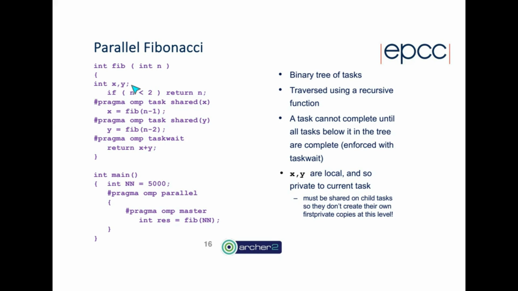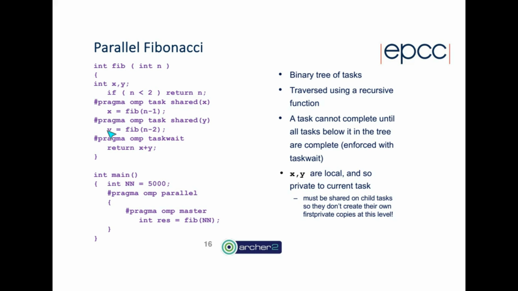That means that every time we call this function, we get new copies of x and y, which just have the scope of this function. But in order for these results to be visible when we come to add x and y together, we don't want to make private copies for the tasks.